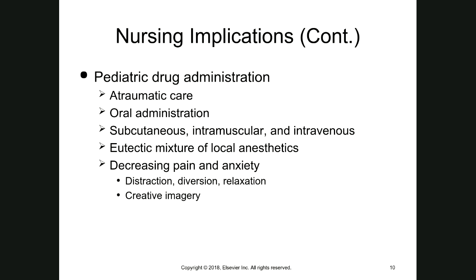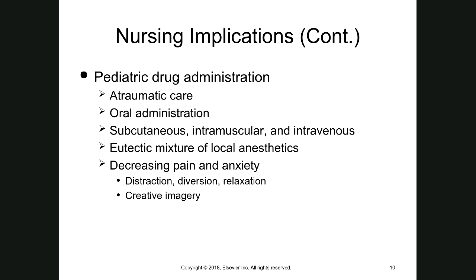Get another nurse in there, because when you're administering that medication, especially with a traumatic experience, you don't want that emotional memory to be related to the parent. So make sure of that. Don't put the parent in the situation where they have to be involved.